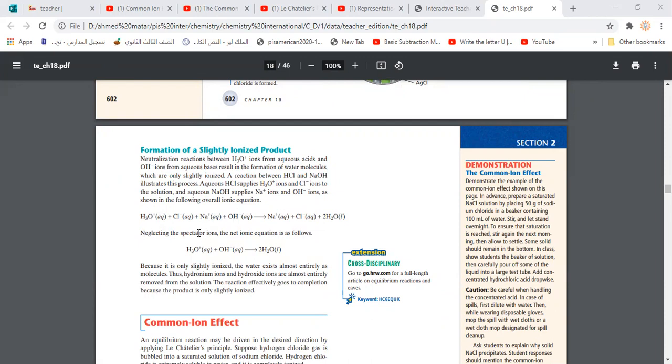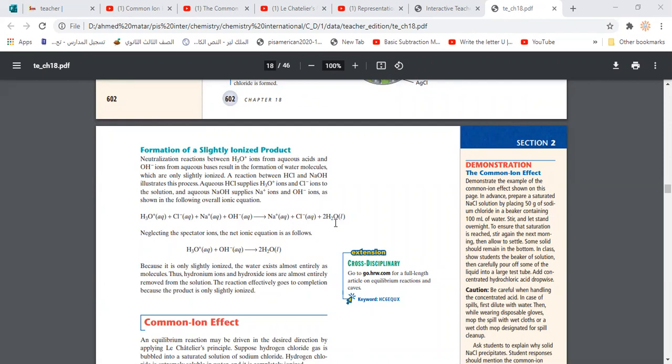So what would happen in that case? We're going to find that the sodium will combine with chlorine, forming sodium chloride. Sodium chloride is a salt that easily breaks down into ions in the aqueous solution, so they are still found as ions. While the hydronium ion will combine with hydroxide ion to produce two molecules of water.